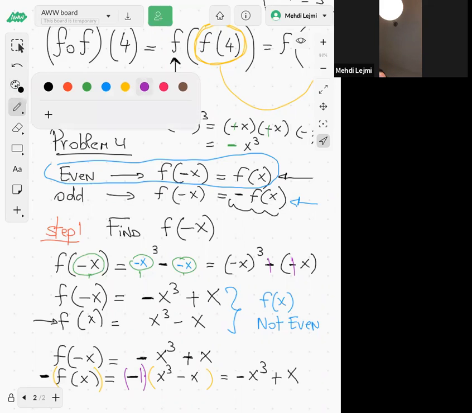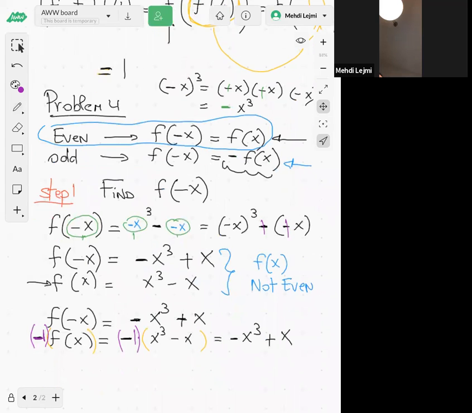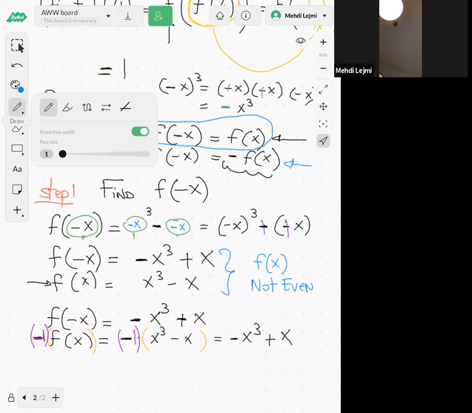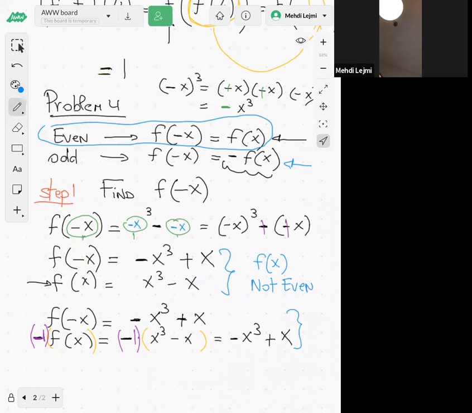This minus in front of f, you think of it as a -1. Now, if you compare f of minus x to minus f of x, they are equal, they are the same thing. So then f of x is odd.